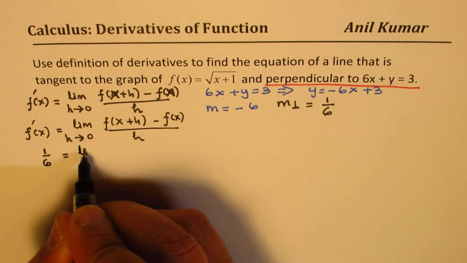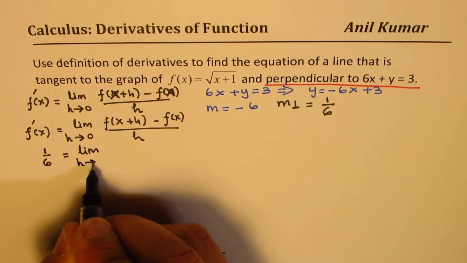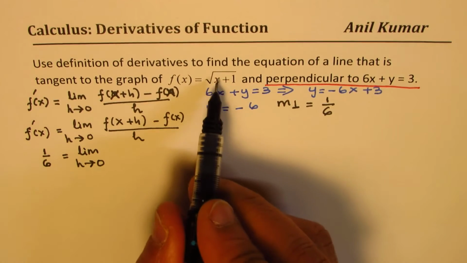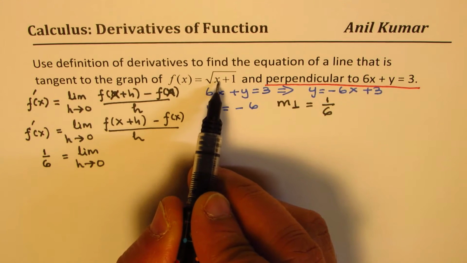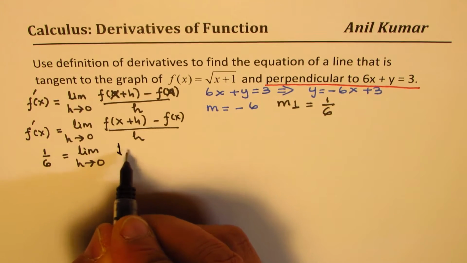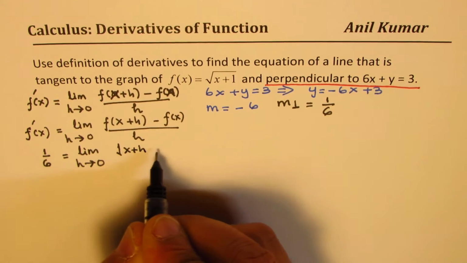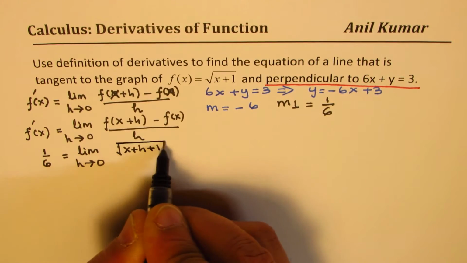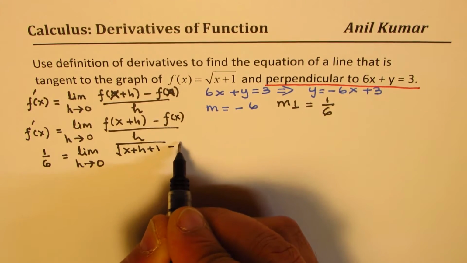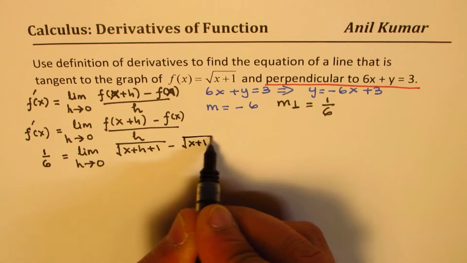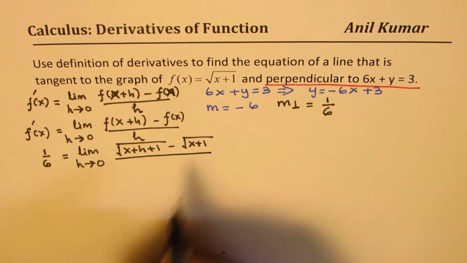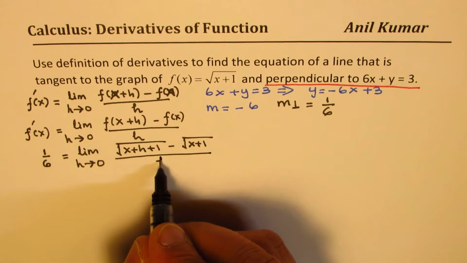We get here limit h approaches 0 for this function. So f of x plus h means replace x with x plus h. So we get square root of x plus h plus 1 minus the same function, which is square root of x plus 1 over h.